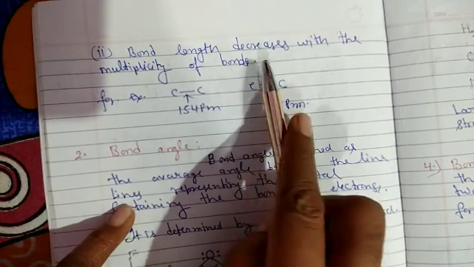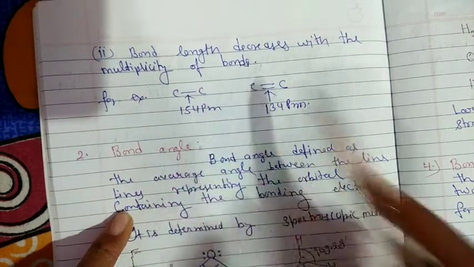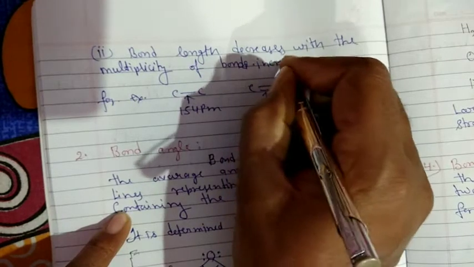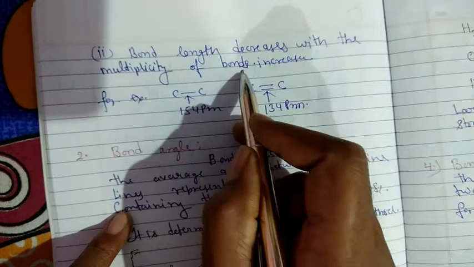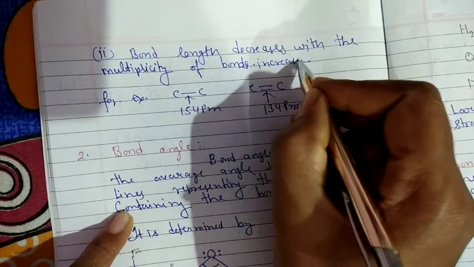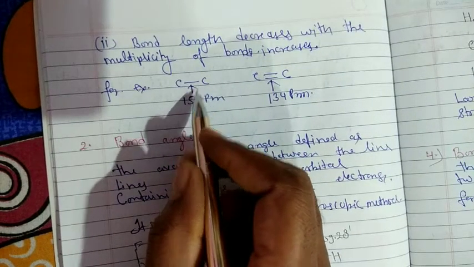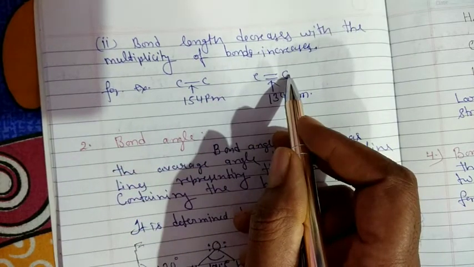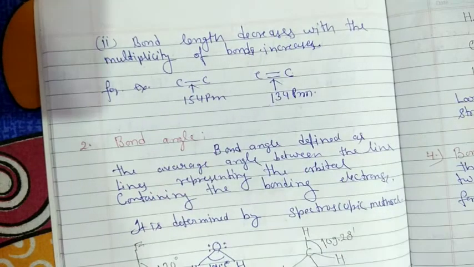Bond length decreases as the multiplicity of bonds increases. For example, the carbon-carbon single bond length is 154 picometer, but the carbon-carbon double bond length is 134 picometer.